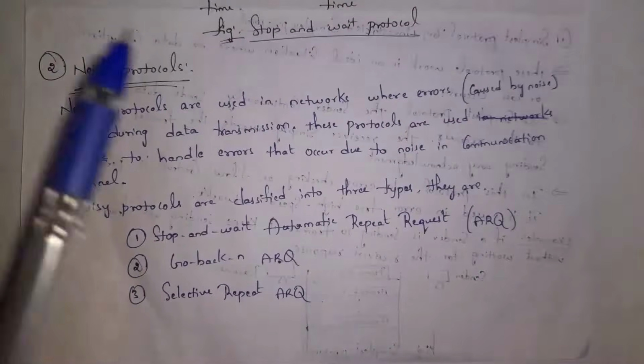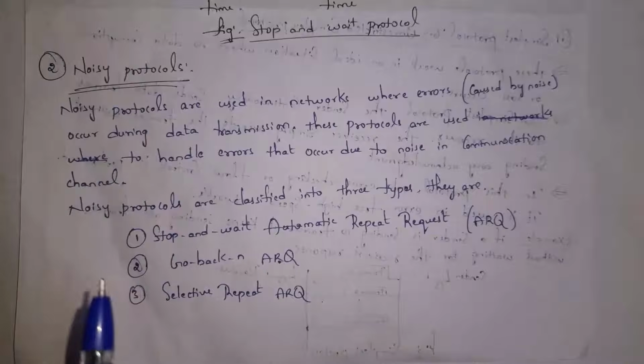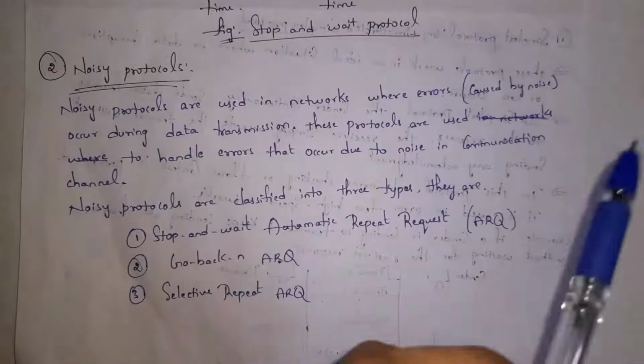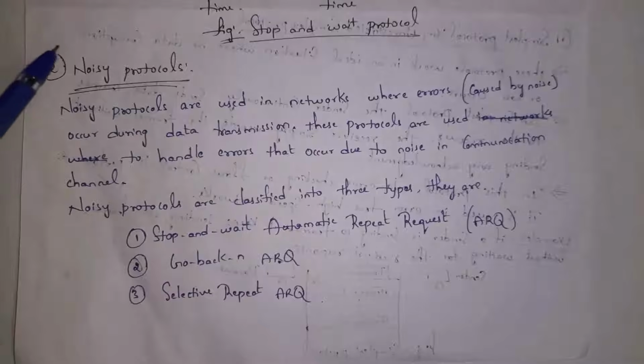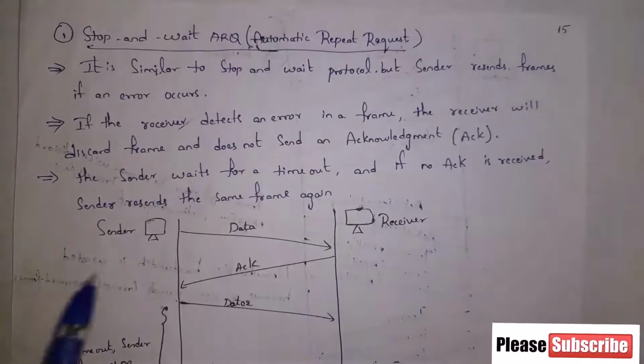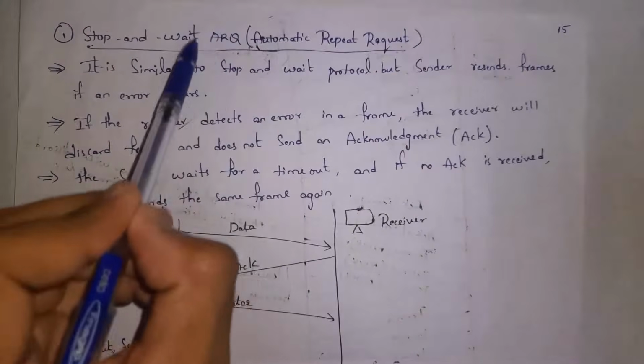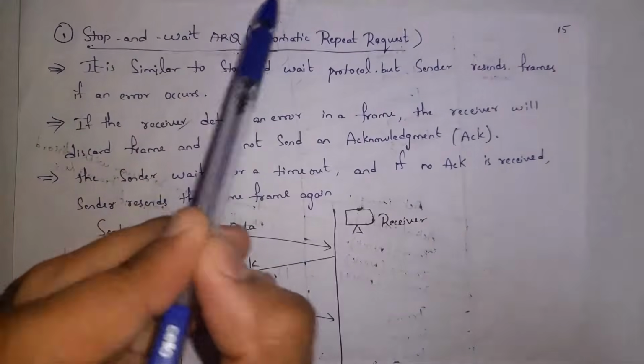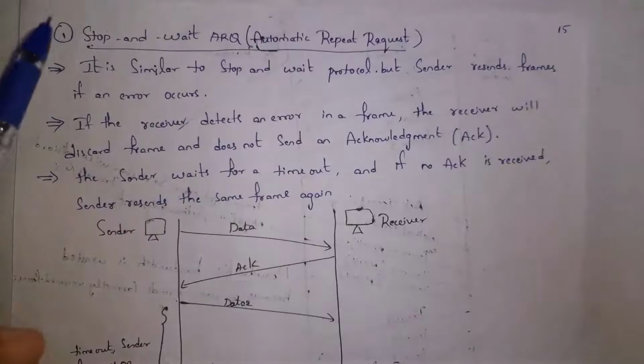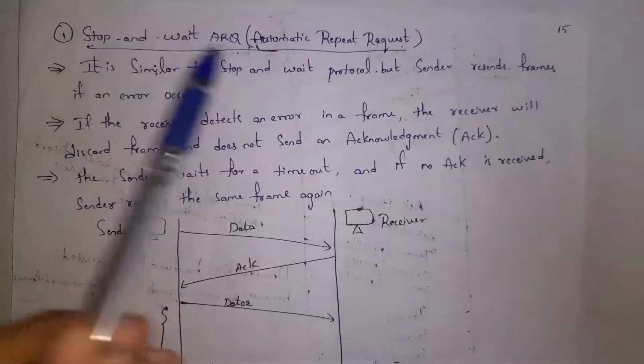Next I will explain what are noisy protocols. Guys, we will use noisy protocols in networks where there will be errors in data transmission. These noisy protocols will handle errors. First noisy protocol is stop and wait ARQ, where ARQ stands for automatic repeat request. Guys, stop and wait protocol and stop and wait ARQ are different.